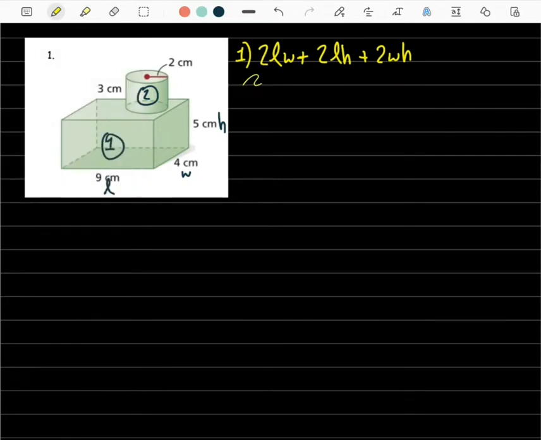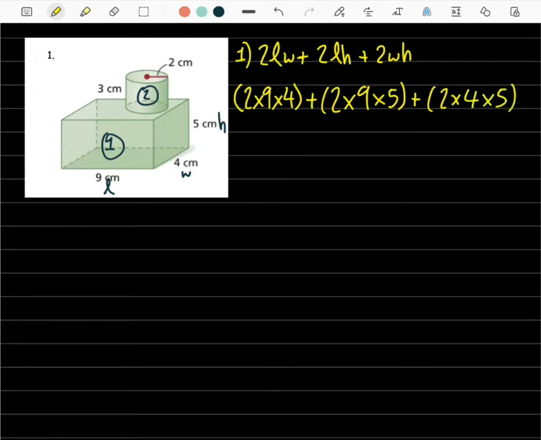So for the first one we have 2 multiplied by the length, which is 9, times the width, which is 4, plus 2 times the length, which is 9, multiplied by the height, which is 5, plus 2 times the width, which is 4, times the height, which is 5.